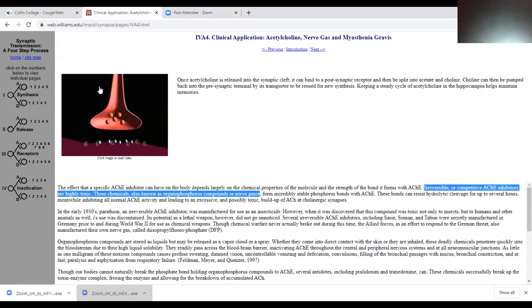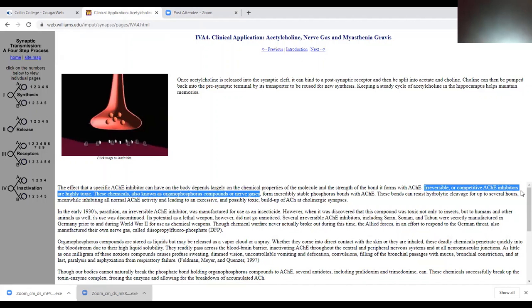Okay, this is an axon terminal. This is the postsynaptic membrane with its receptors. We've got to release the acetylcholine, but we need acetylcholinesterase sitting here in this cleft to break that acetylcholine apart when it's time. There are things that are called competitive acetylcholinesterase inhibitors.